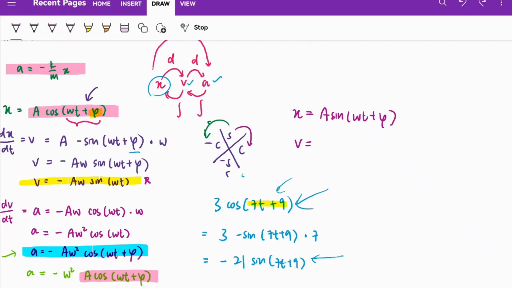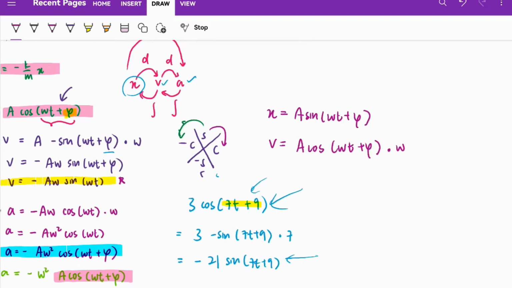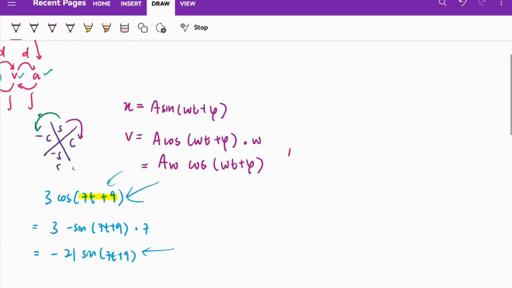So it's a cos omega t plus phi. Remember to differentiate the term in the bracket, you get omega. So let me rewrite this: a omega cos omega t plus phi. Without phi, you will get a omega cos omega t. The presence of phi doesn't really affect your differentiation much.